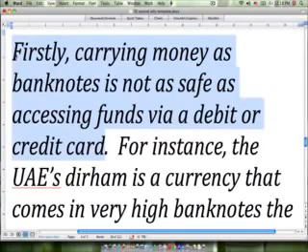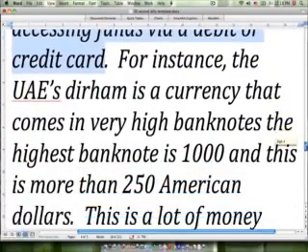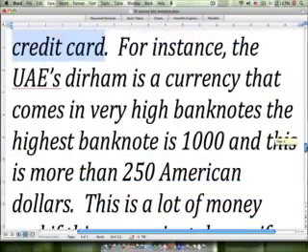So now let's go to our example. Now the student has written, "For instance, the UAE's dirham is a currency that comes in very high banknotes. The highest banknote is 1,000, and this is more than 250 American dollars." Now the first thing that many of you will notice is that this is not one sentence, it's actually two.